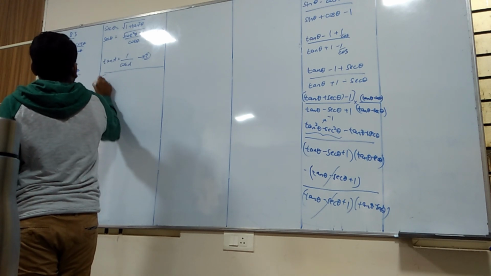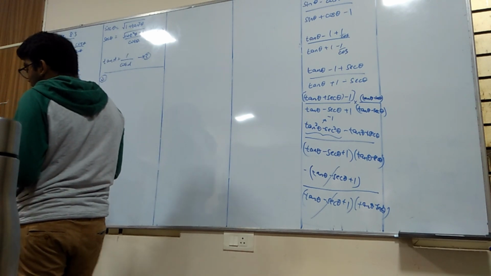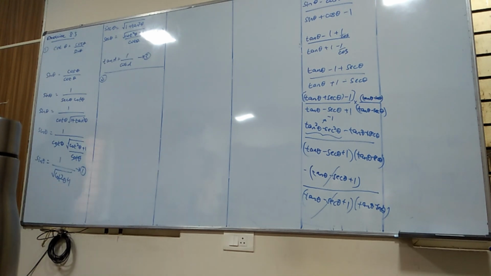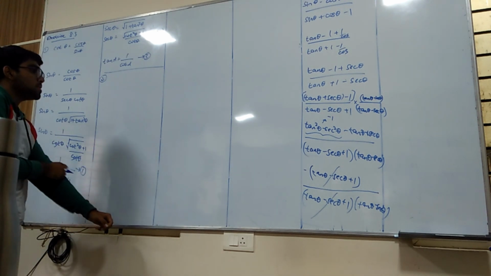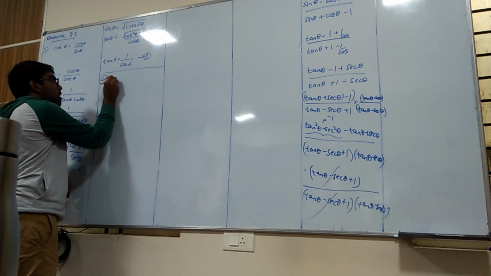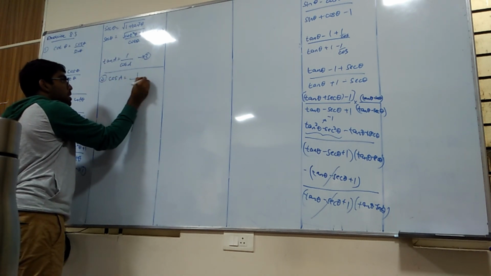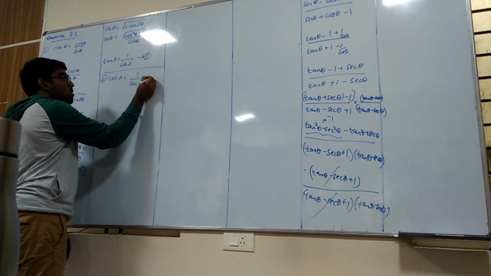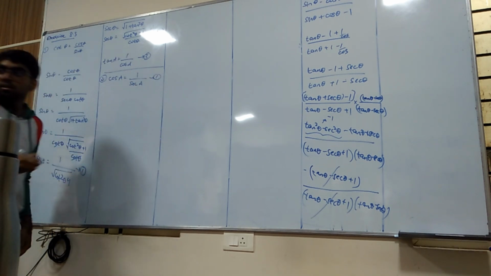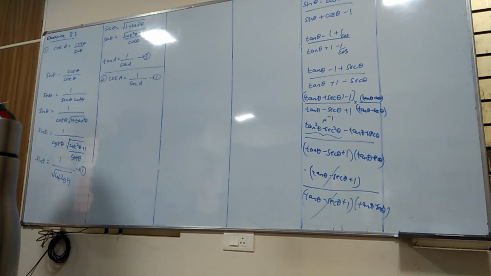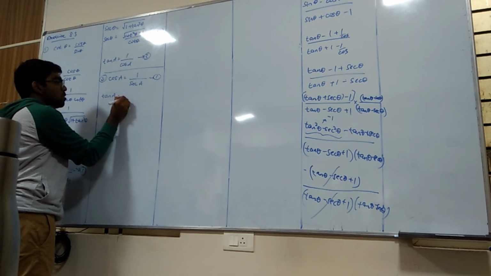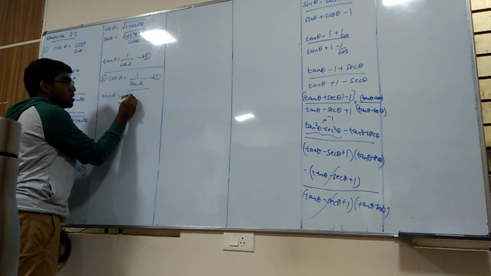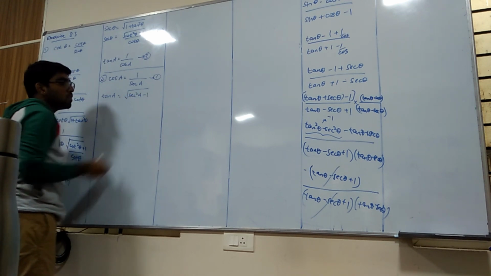Okay. Second one. All the angles in terms of secant A. First thing I write. Cos A is equal to 1 by secant A. You got 1? Yes. So tan A is equal to root of secant square A minus 1.